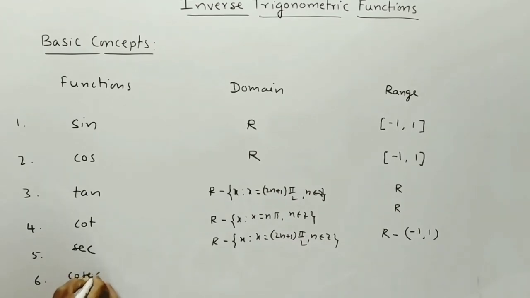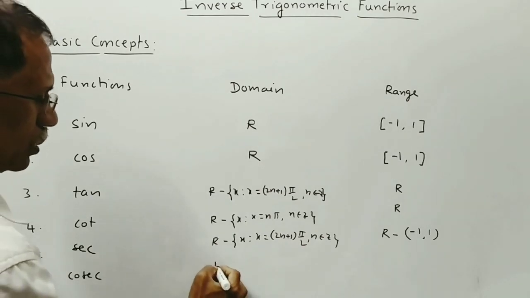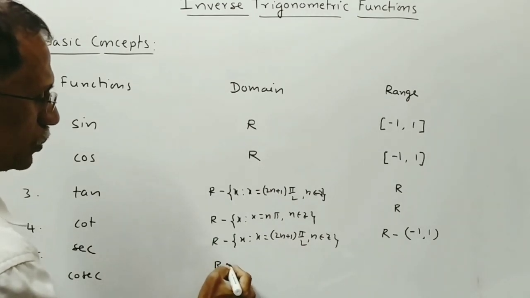Next one is cosec, which is nothing but 1 by sine. Sine should not be 0.